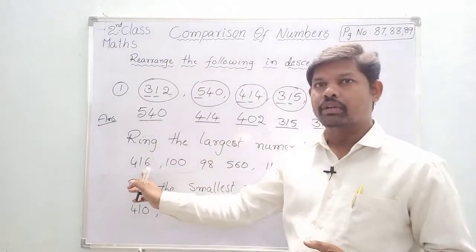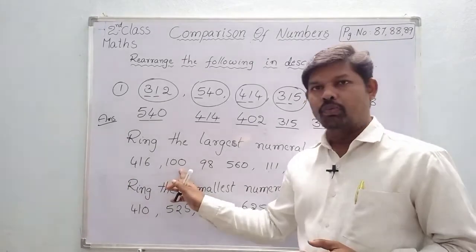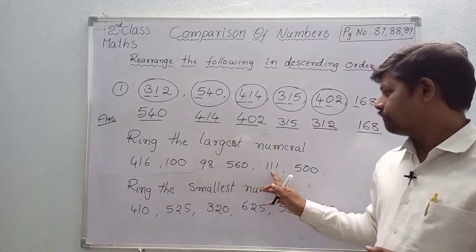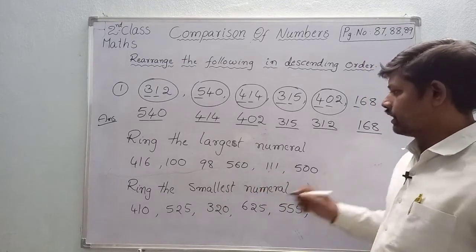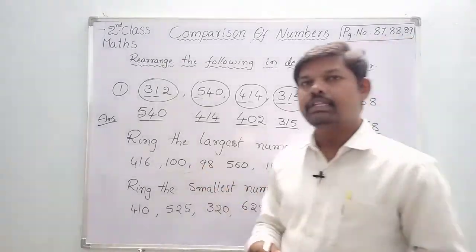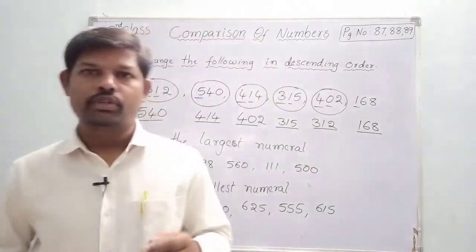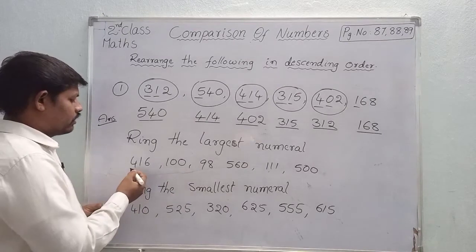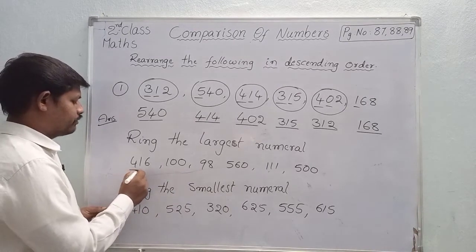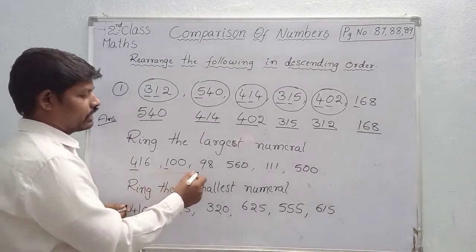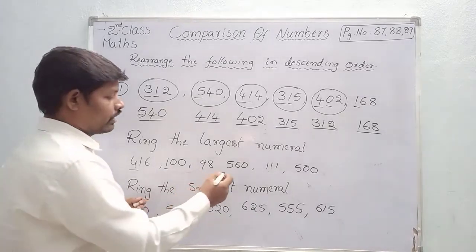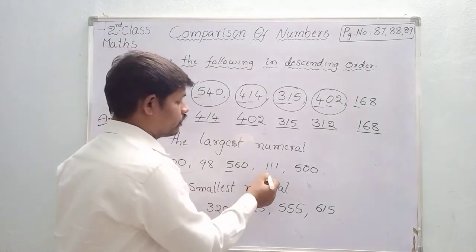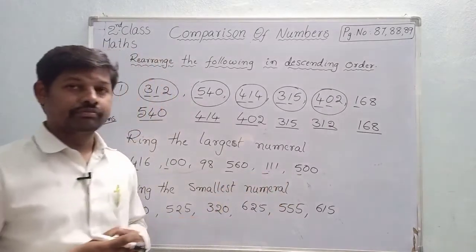Observe here, ring the largest numeral. Here numbers are given: 416, 198, 560, 111, 500. So which one is the largest number? We have to ring that number. So how to compare? First the hundreds place. Here 4 is there, here 1 is there, here no hundreds place, here 5 is in the hundreds place, here 1, here also 5.